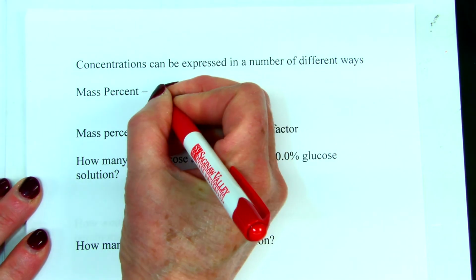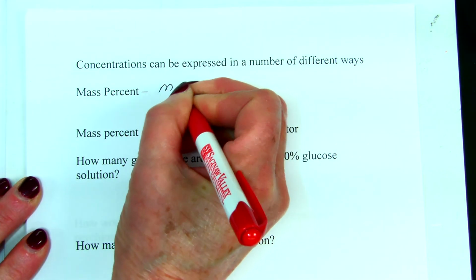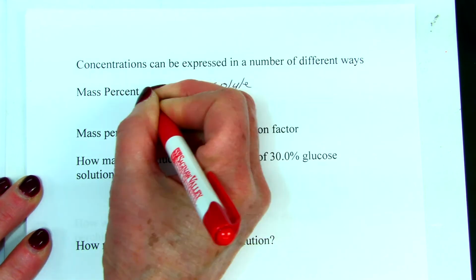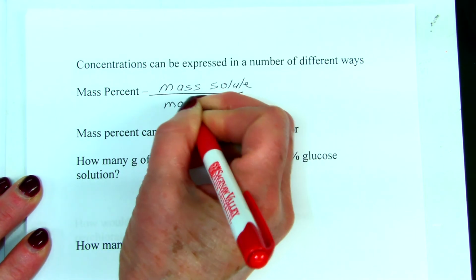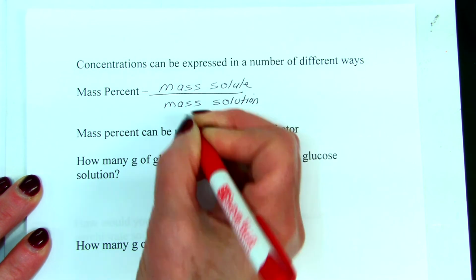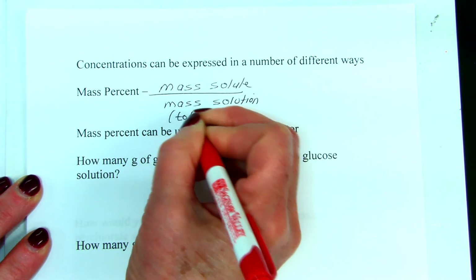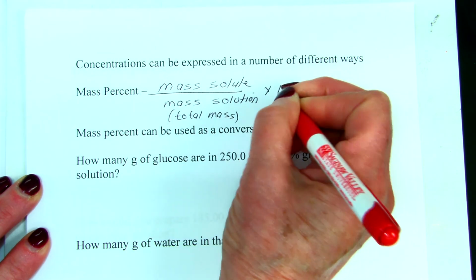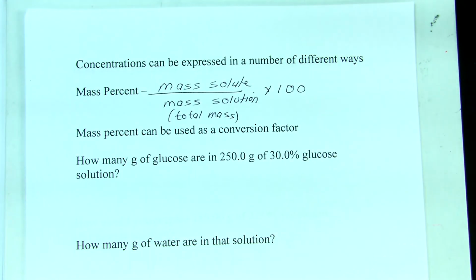We calculate it as the mass of the solute, what is dissolved, divided by the mass of solution, and the solution contains the solute plus the solvent, or you can think of it as the total mass, times 100. And that's how we calculate it.